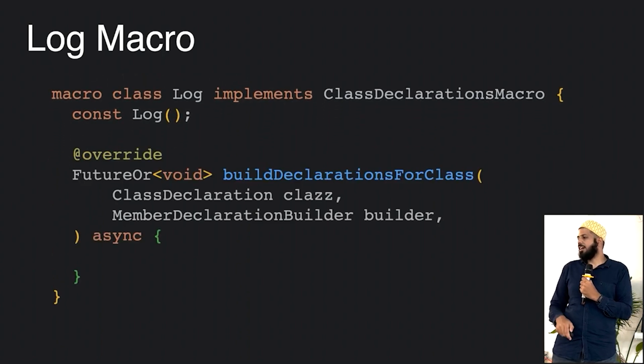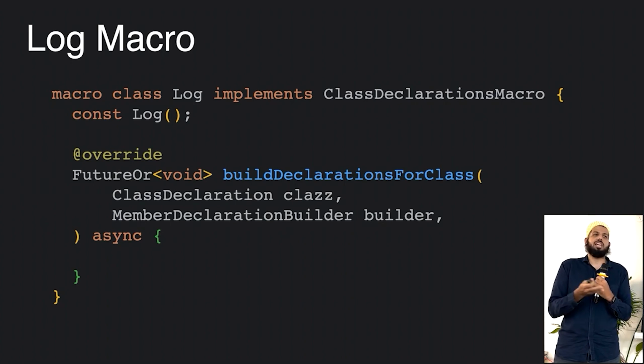And this is required to override a method called build declaration for class. Now here is a challenging part. In order to implement this, you need to know some language semantics कि programming language के अंदर क्या क्या vocabulary use करते हैं, because you might not be aware of what declaration means, what is member, where you should think about argument भी बोल सकते हैं, parameter भी बोल सकते हैं, member भी बोल सकते हैं.